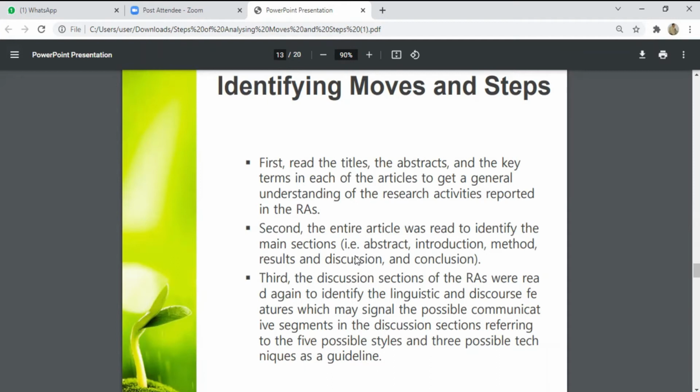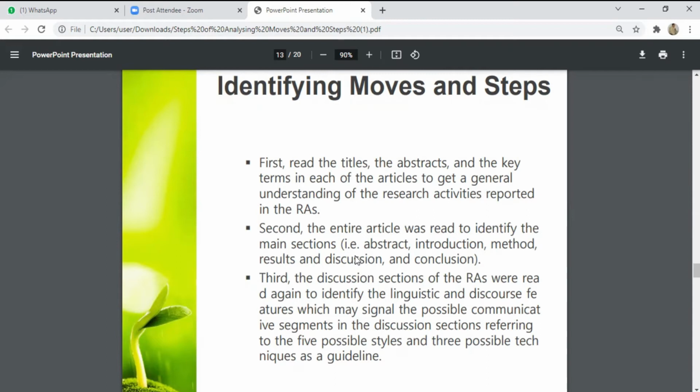Even though you only analyze the abstract, you have to read the whole article, not just the abstract, because we sometimes get a better understanding of the abstract after reading the whole article.